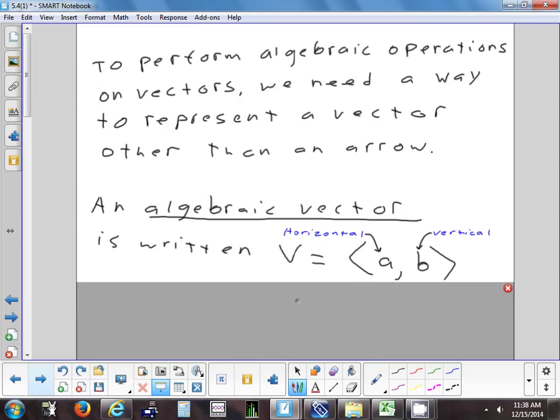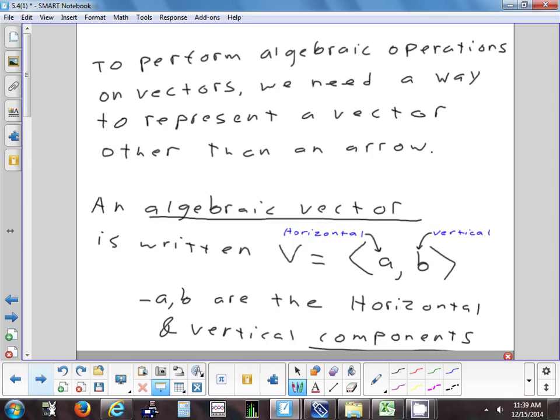Okay, when we write a vector in this notation, what you do is you use an angled bracket on the left, an angled bracket on the right, and you're going to have two numbers, a, comma, b. What a is going to represent is the horizontal distance between the initial point and the terminal point.